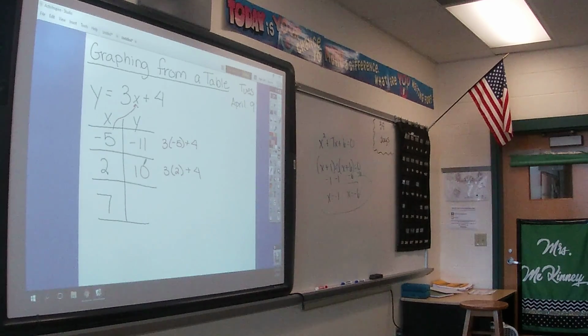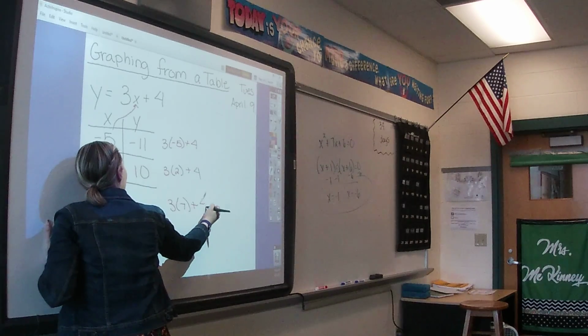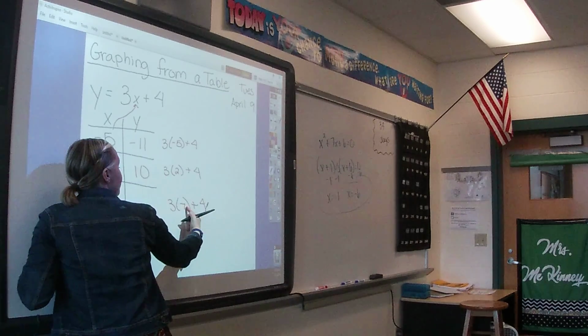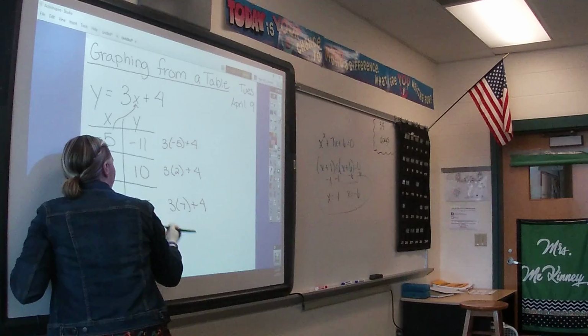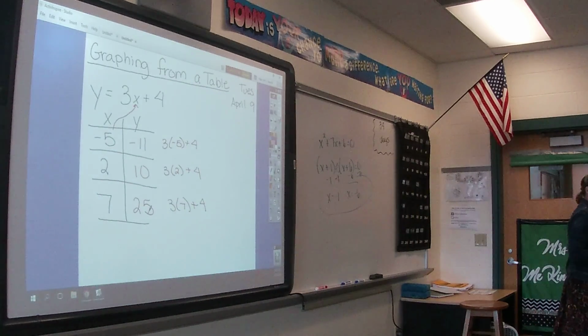Then we'd start all over again and do the exact same thing with 7. So 3 times 7 is 21. 21 plus 4 is 25. Remember doing that before you slept for a week?